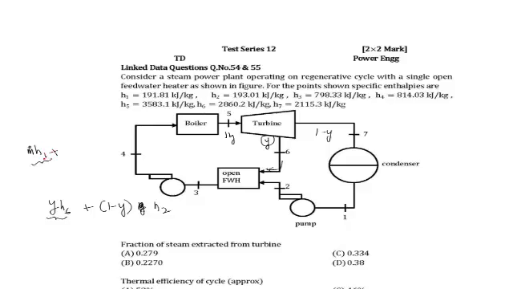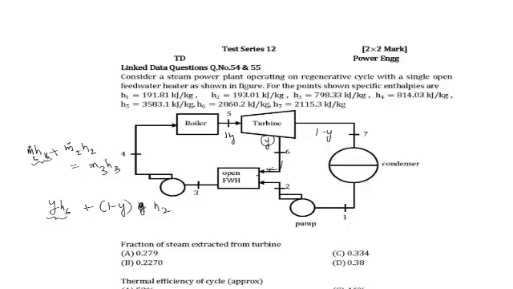So m dot H6 plus m dot H2 should equal the enthalpy at point 3, m3 H3. Because in this open feed water heater, you are just heating up the water which is coming from 2, mixing it.